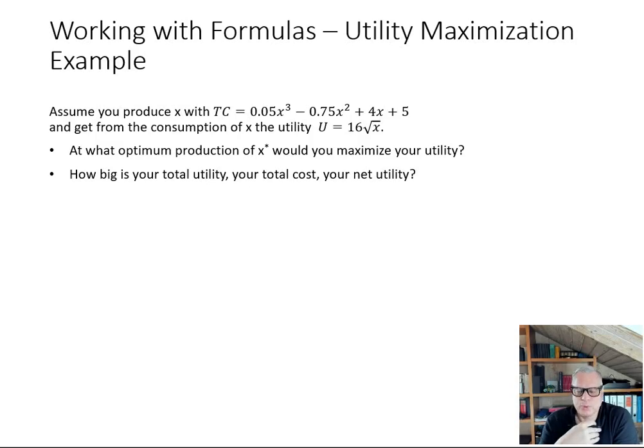And what you have learned from an earlier video is that as long as the marginal utility of X is greater than the marginal cost of producing X, you feel you get more utility than cost, so you keep on consuming.